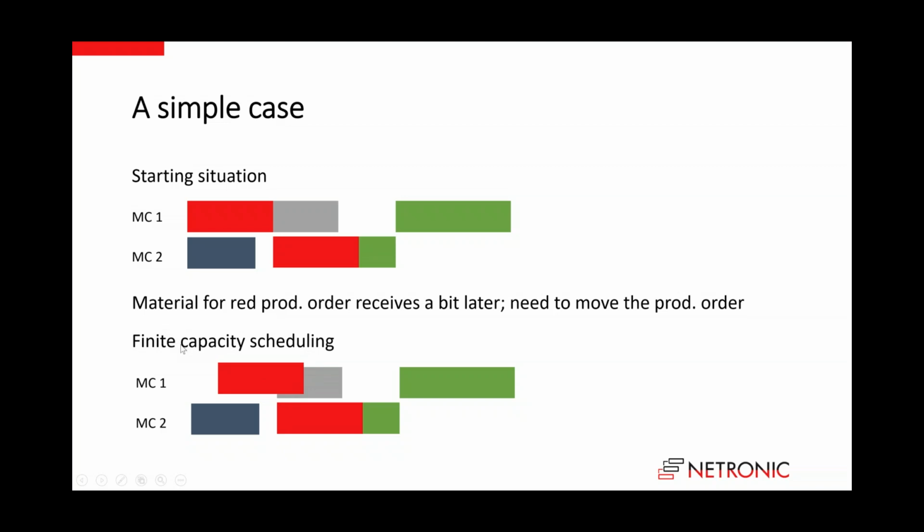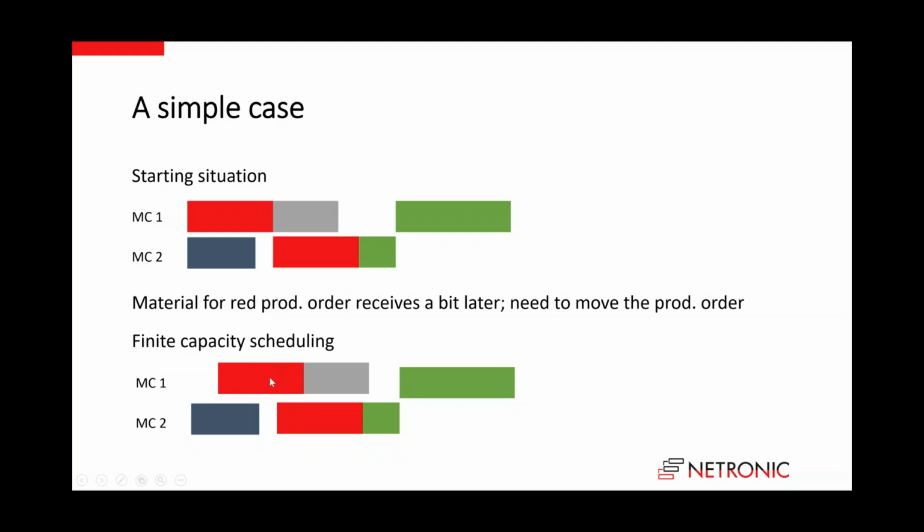So as a natural consequence, the gray one is moved to the right, because finite capacity scheduling never allows an overload. The way we built the finite capacity scheduling, it also does not allow the starting date of a successor being earlier than the end date of the predecessor.